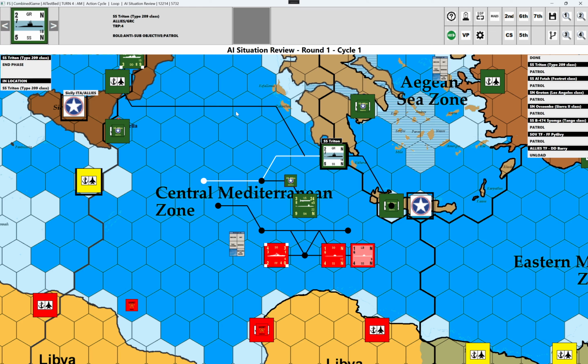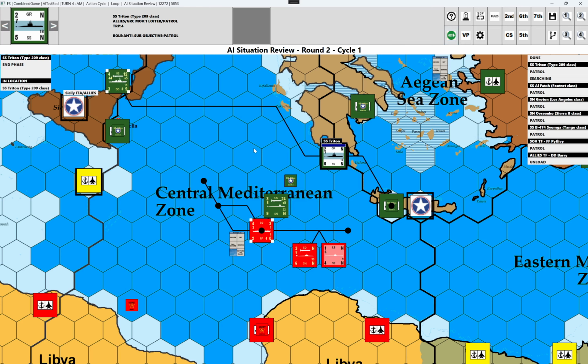So everybody's now moving around. Still, everybody's on patrol. It basically took a day for everybody to get into the area because of the storm, and now hopefully we'll have some stuff happening. Have some fun.